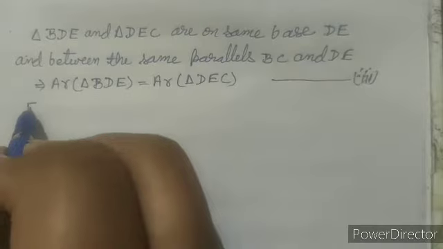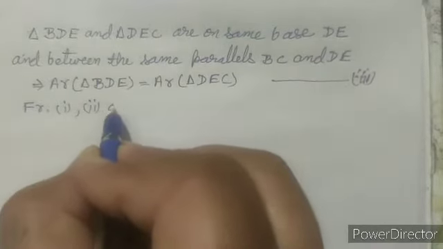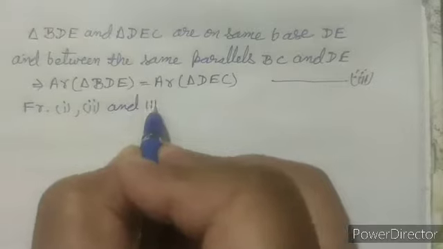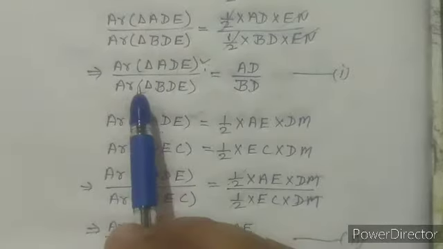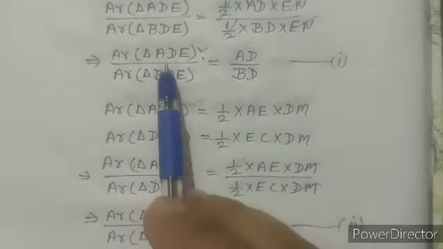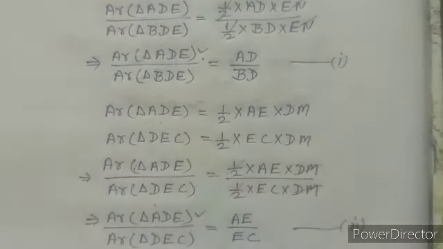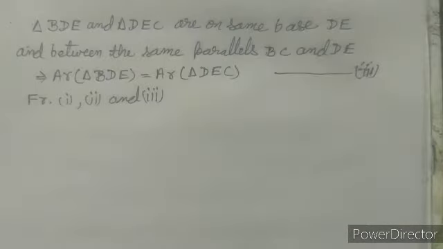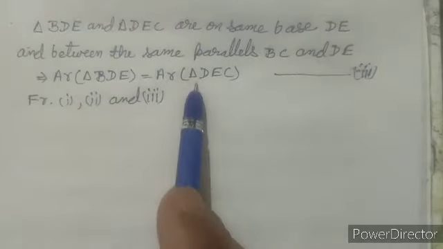Now from first, second and third: in first and second, the numerators of the left hand side were equal, and from third we are getting the denominators as equal.